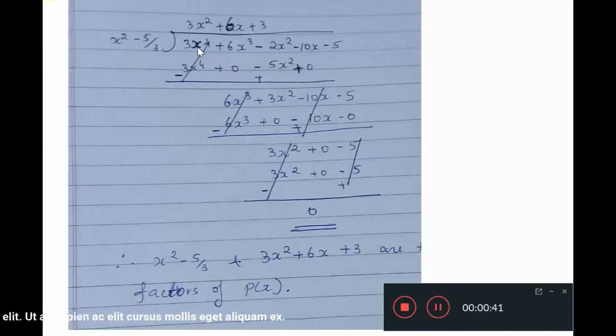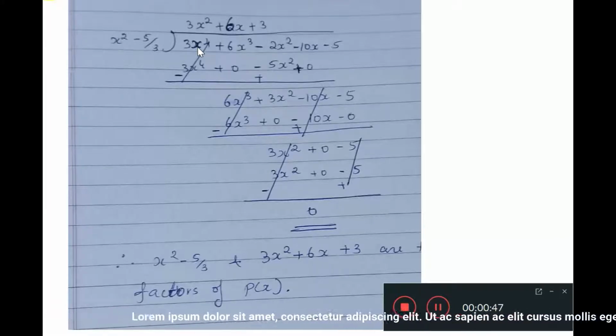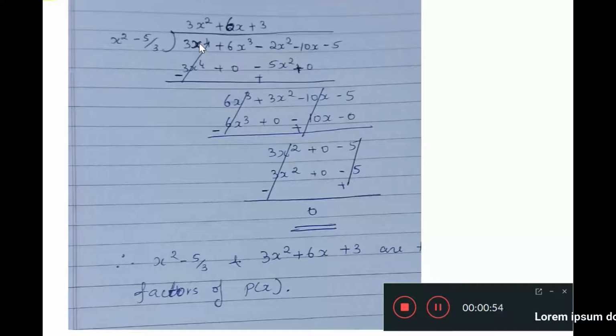How to do that? We need to find the first value of the quotient. To find the first value of the quotient, we need to divide 3x to the power 4 by x square, that is the highest power of the dividend by the highest power of the divisor.